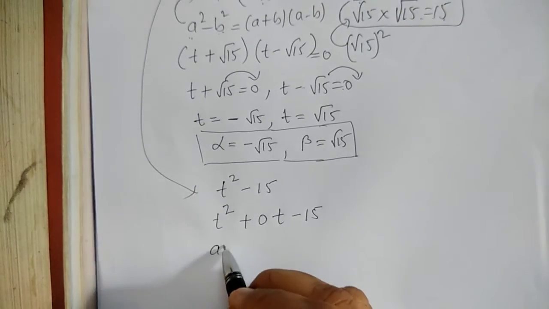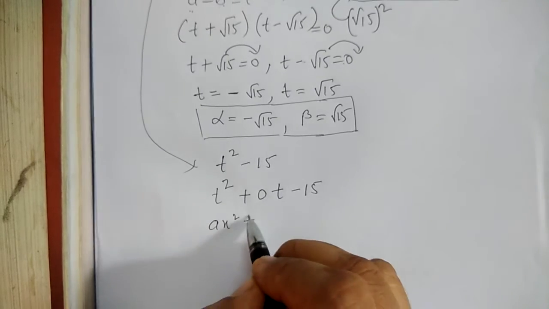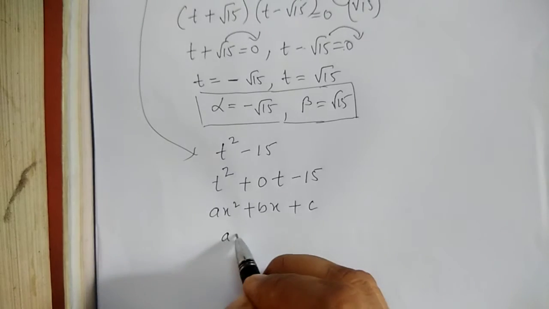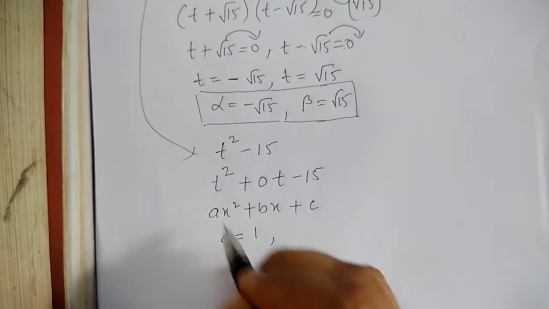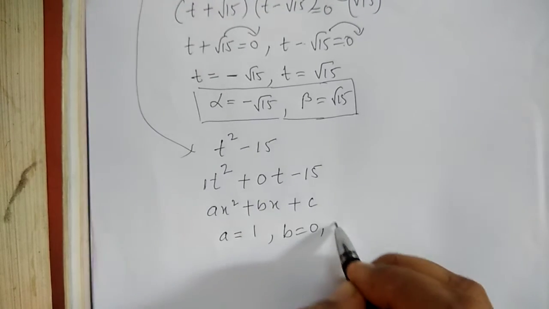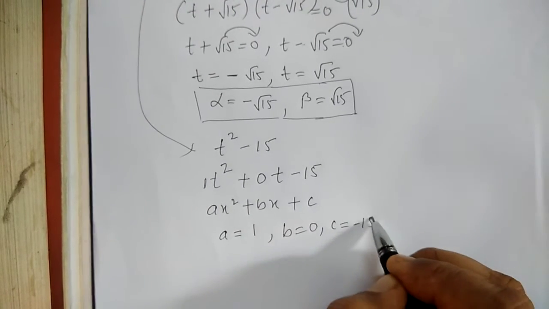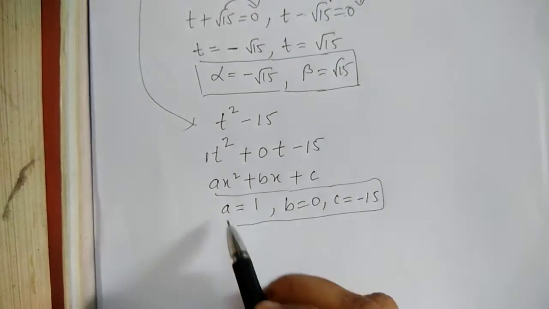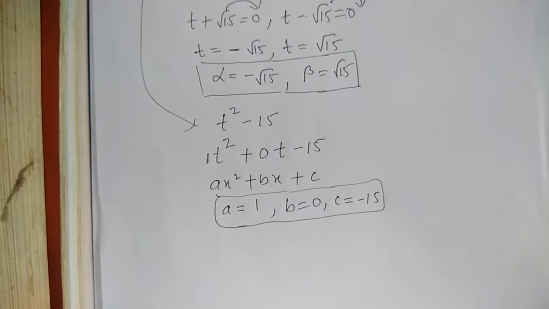Okay, now compare with ax square plus bx plus c. We observe that a is 1. No term means 1. B is 0 and c is minus 15. Okay, now we got the coefficients.